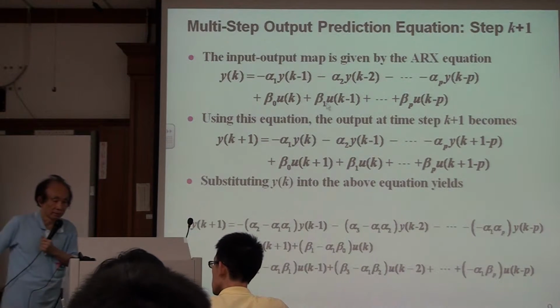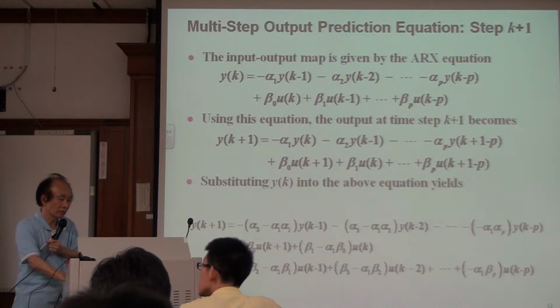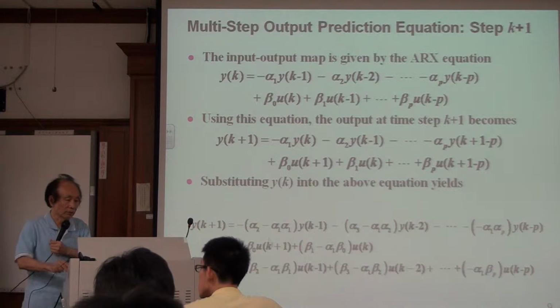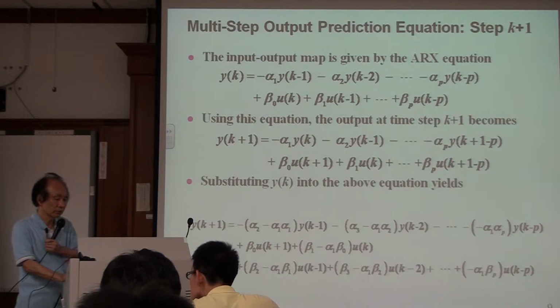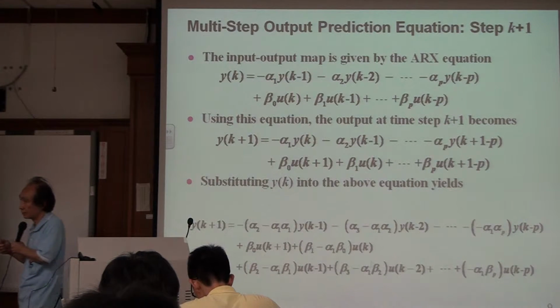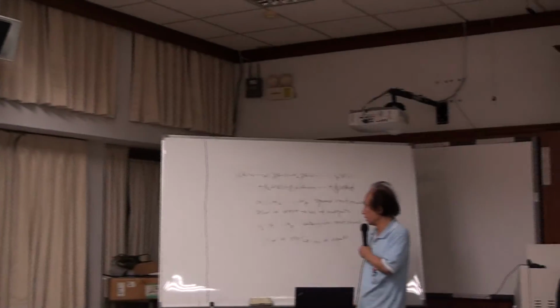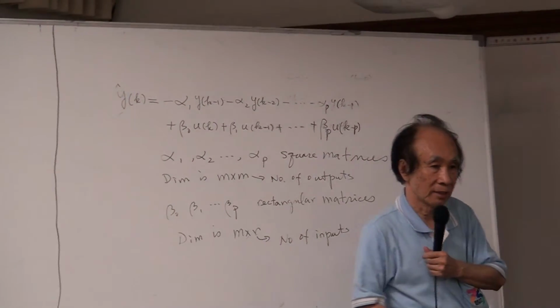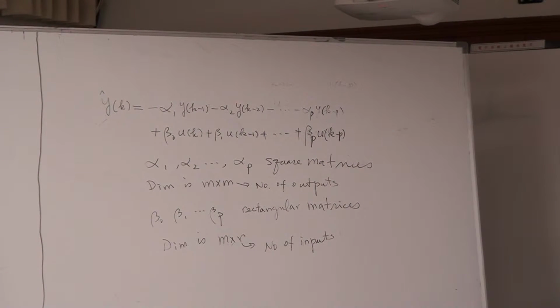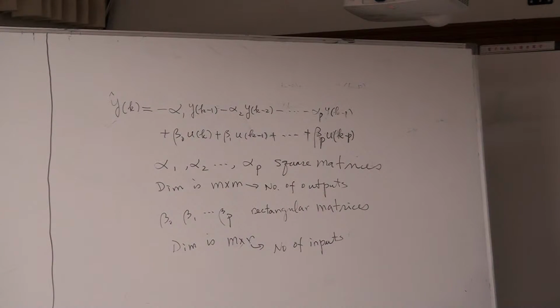So the dimension is like that, and now we have this one, alpha 2. Here we can compute yk plus 1 equal to this, and so on. Now the beta 0, beta 1 to beta p can be square if m equals r, that is, if the number of inputs equals the number of outputs. Normally that's not the case. In general, we always have more outputs than inputs.